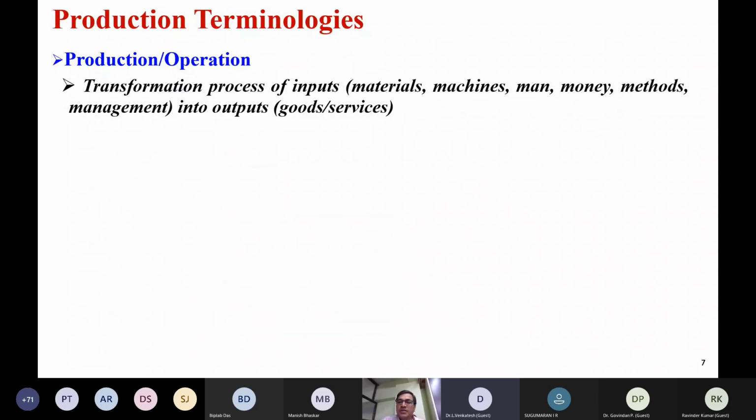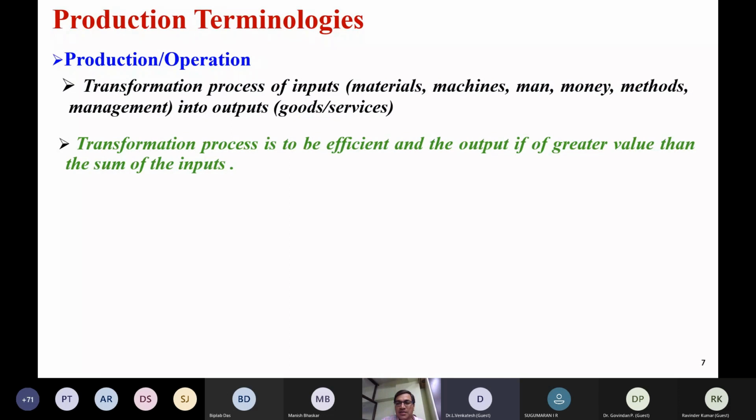But here the main focus is on manufacturing, the physical entity. We are not talking about the service industry here. I have brought all the examples from the manufacturing industry only. The transformation process is to be efficient and the output is of greater value than the sum of the inputs. That is the objective.